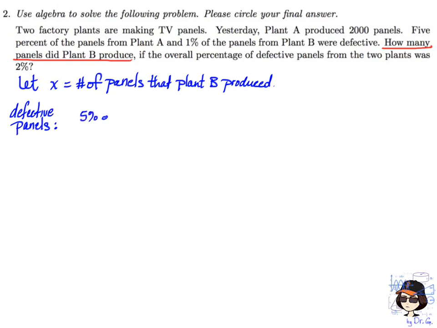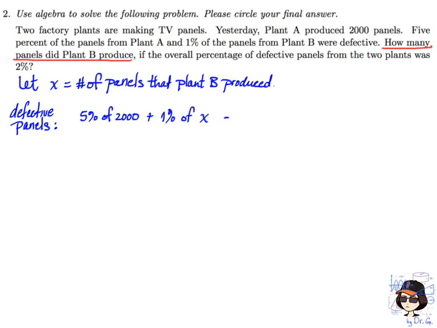So 5% of the panels from plant A are defective, so that's 5% of 2,000, right? And 1% of the panels from plant B, well, that's 1% of x, because we don't know how many panels came from plant B. That's why we called it x.